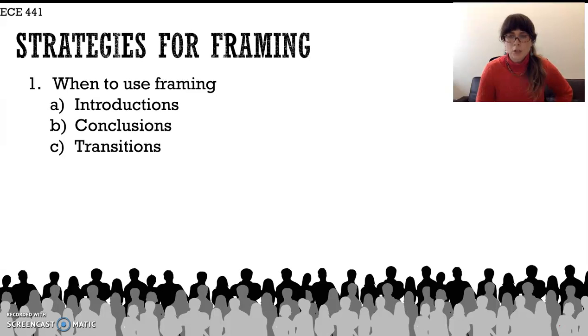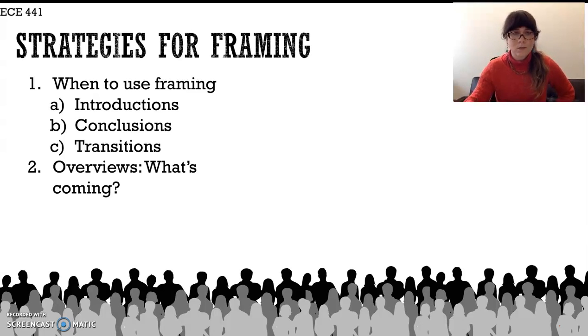And then transitions. So this is information that comes at the beginning of each section. You should never have a section heading followed by another subsection heading. You need some kind of explanation of what is in that section. Again, even if it's just a brief sentence.